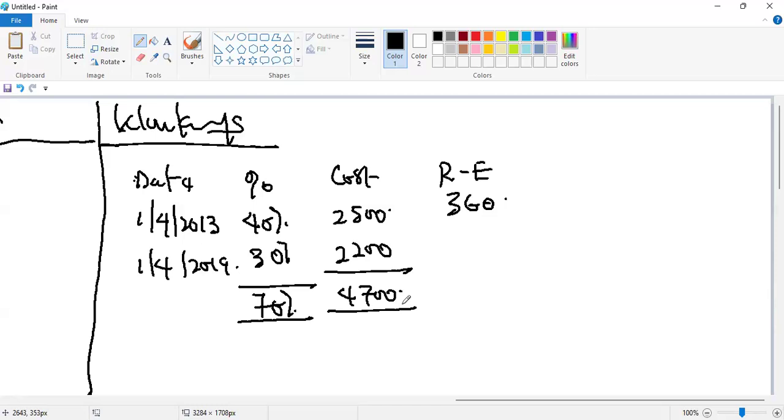Now, this is the retained earnings, 860. This is the problem I'm telling you. He will share profits between the two retained earnings figures.